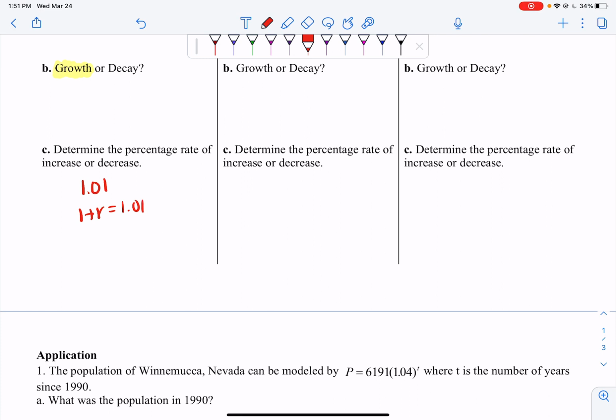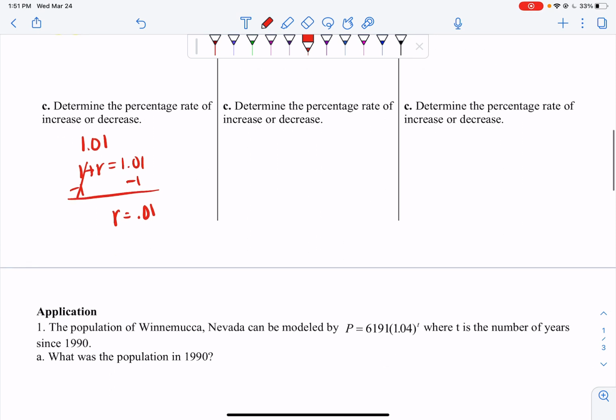We are going to subtract 1 from both sides of our equation. So I get r equals 0.01. Here's the issue. That's my r value. I want the percentage. So instead of dividing by 100, we're going to multiply by 100. And when we do 0.01 times 100, we get 1%. So this is actually not a huge exponential function. It's not growing very quickly.